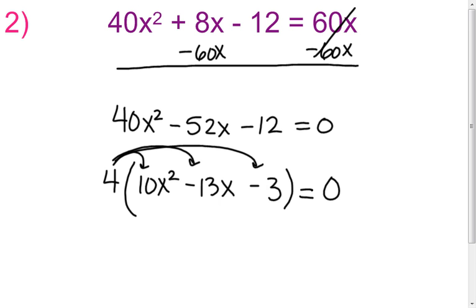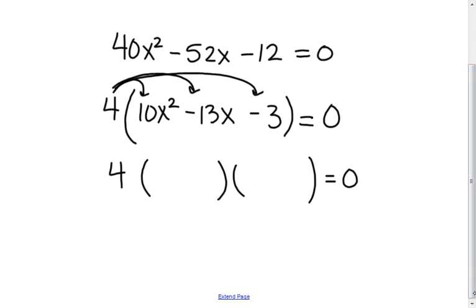Okay, now notice that the part in parentheses is a trinomial. It has 3 terms, and it goes x squared, x, and a constant. So because it has 3 terms, you can factor that like this. If I list my factors of the front, 10x squared could be 10x and x, or it could be 5x and 2x.